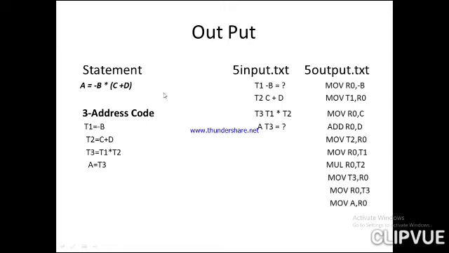As I told you, I am not writing this particular code only for this particular expression. You can write any other expression, and I want to generate the machine code. If I were writing only for this one, I could have removed these 2 instructions and directly written this one. But if I am considering any other expression, I don't know what expression you are having.